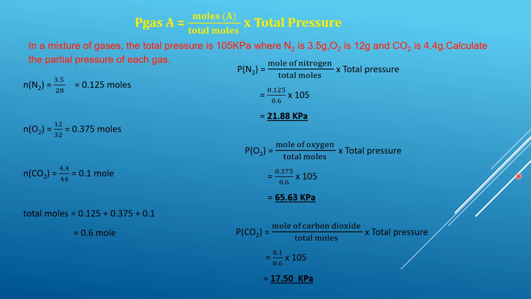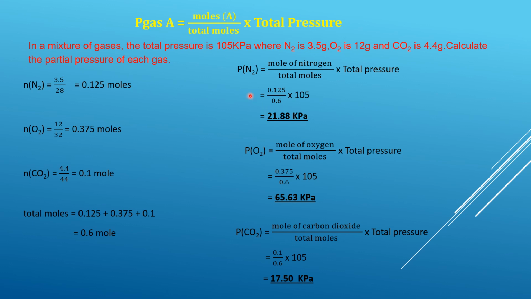You will know that you are on the right track if you add all the partial pressures and it gives you the total pressure. So when you add the 3 partial pressures, it should give you 105 kilopascal. However, in our case, we will not get exactly 105 because we have rounded off our answers here.